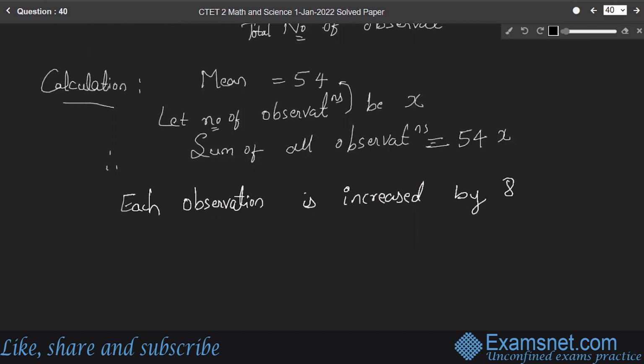Then total increase in all observations is equal to 8 into x.